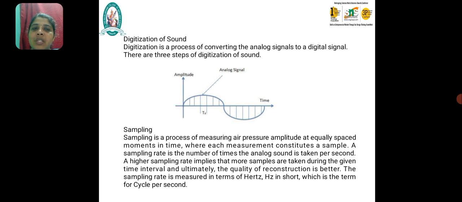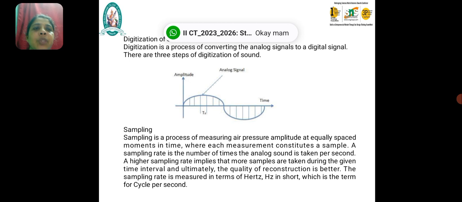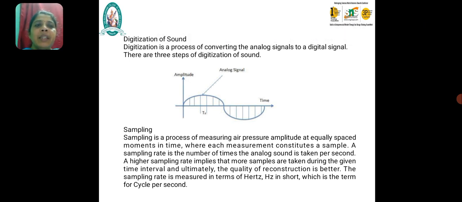First thing is called sampling. Sampling is a process of measuring air pressure amplitude at equally spaced moments in time, where each measurement constitutes a sample. The word sample is used for calculating the air pressure amplitude at equally spaced times.